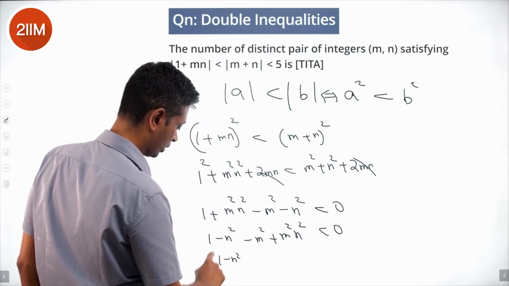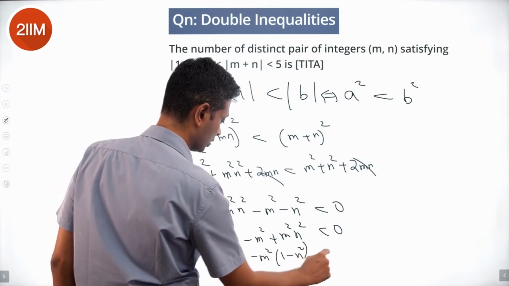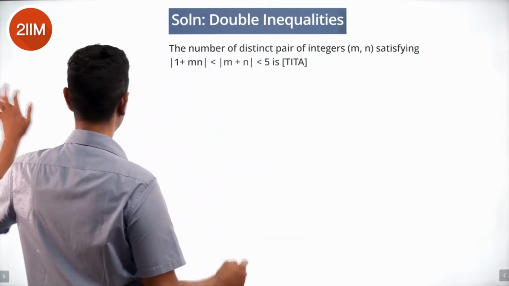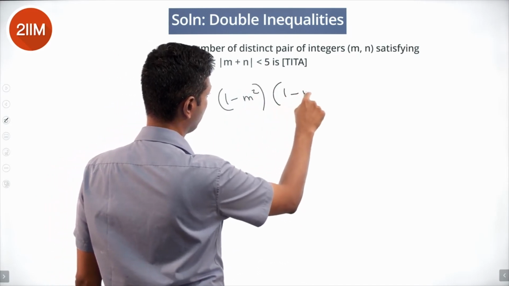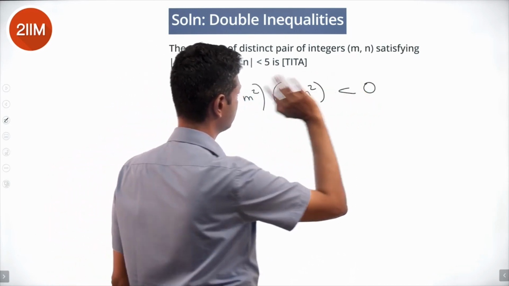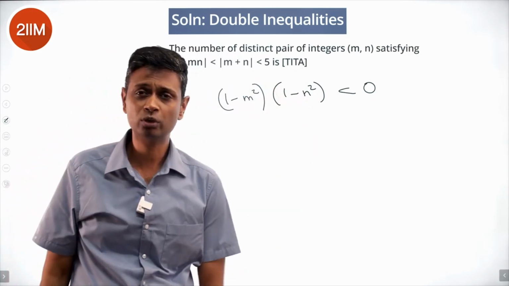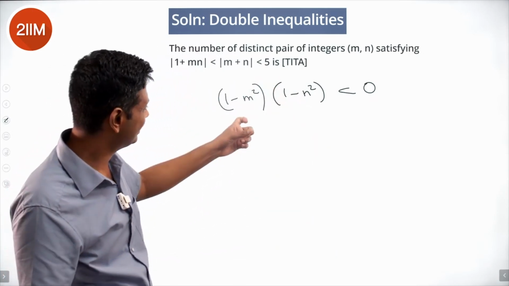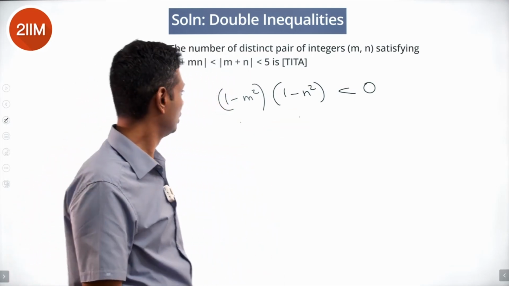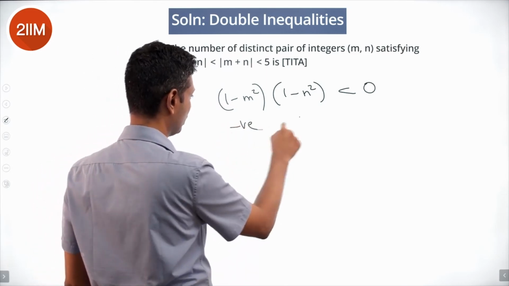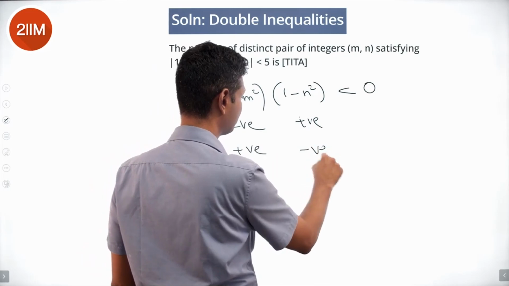That is (1 minus m square) times (1 minus n square) is less than 0, quite beautifully. Nice. We're looking at distinct pairs of integers. Product of two numbers is less than 0. Either this is negative and this is positive, or this is positive and this is negative.